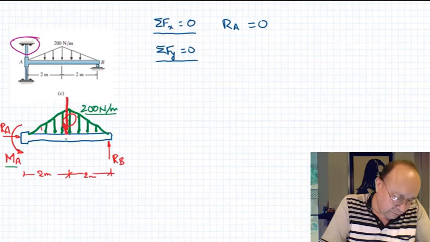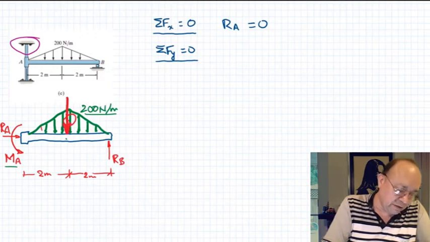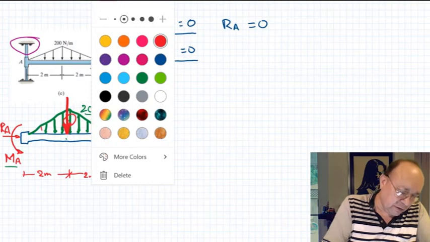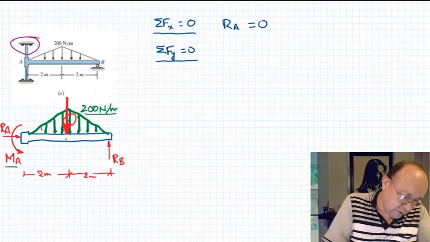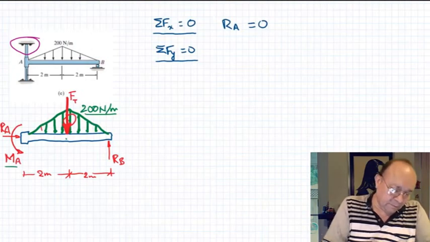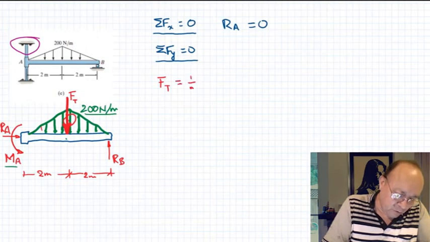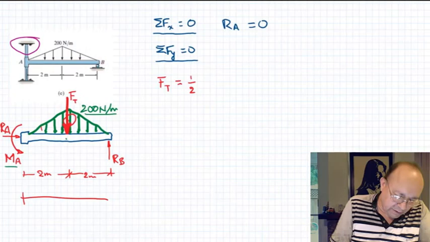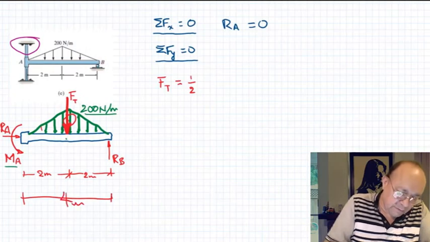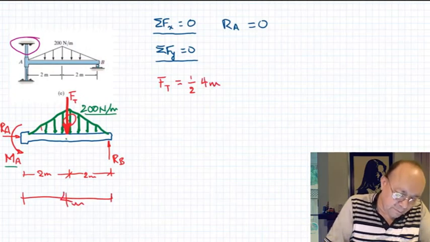So we'll have an equivalent force here. I'm going to call it force for the triangle, FT. So FT, the force of the triangle, will be the area, 1/2 of the base, 4 meters, times the height.